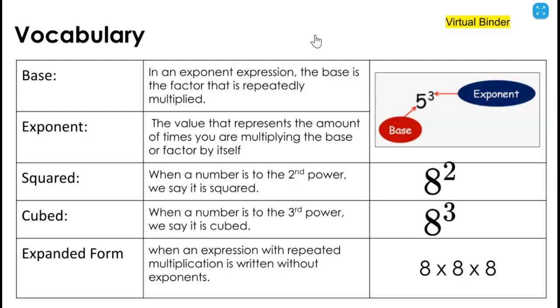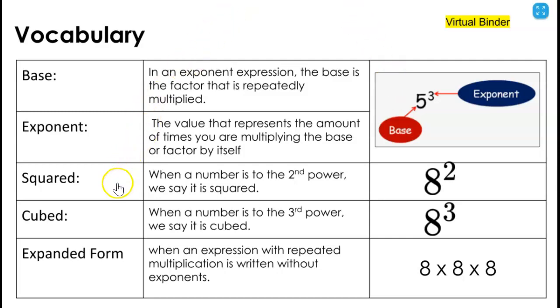So again, that 5 is going to be multiplied. The exponent is the value that represents the amount of times you are multiplying the base or factor by itself. So if we see this 5 to the third power, we're going to multiply 5 times itself 3 times. That would be 5 times 5 times 5.